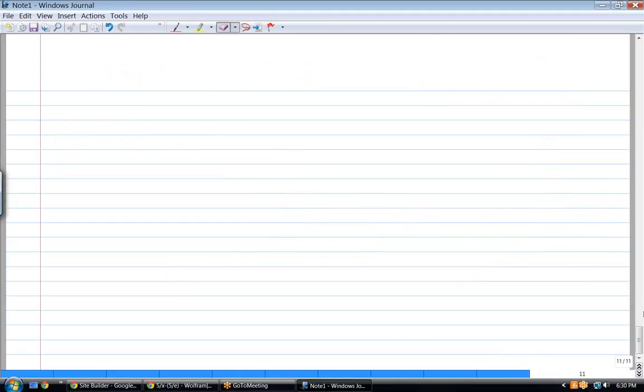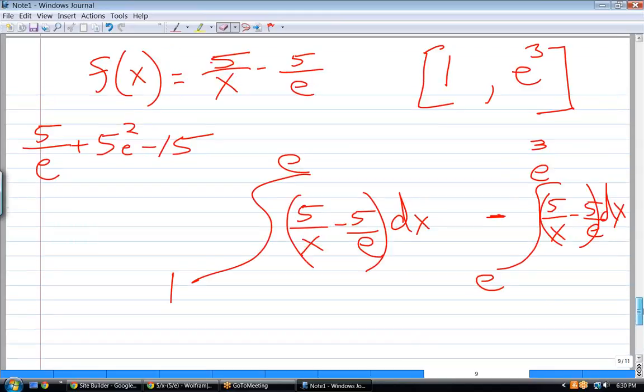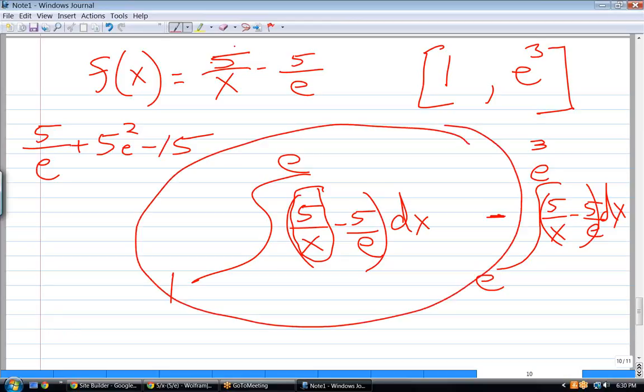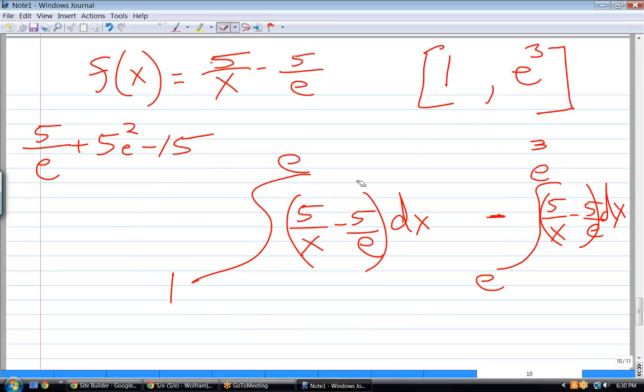You can see why our answer is going to come out to be what it came out to be over here. Let's start integrating. What's the integral of that? I'm going to write it all the way over here on the left. Now, let's do this whole thing first, not the negative sign, the first integral, so we don't get confused.